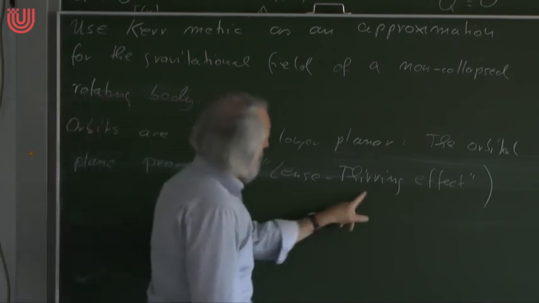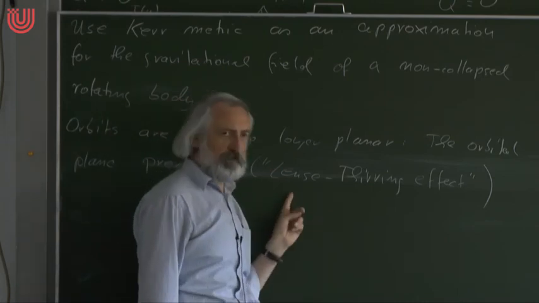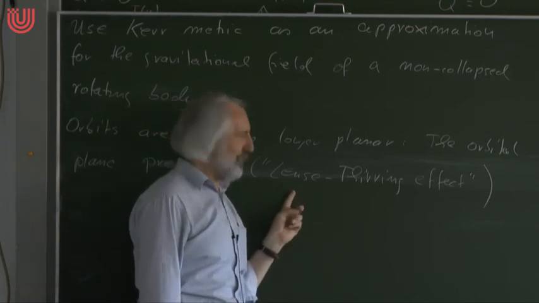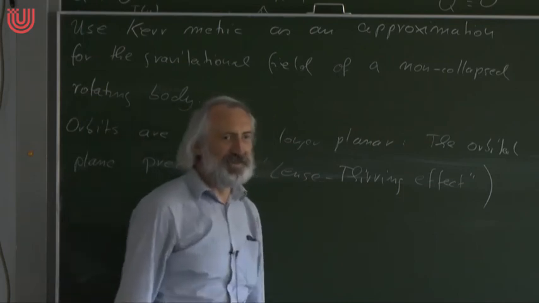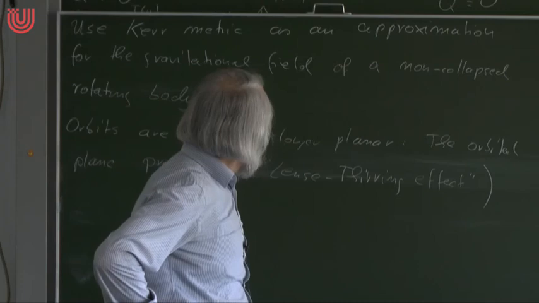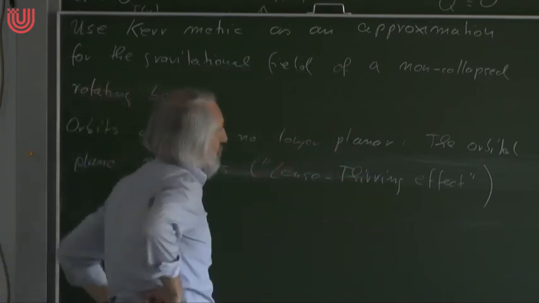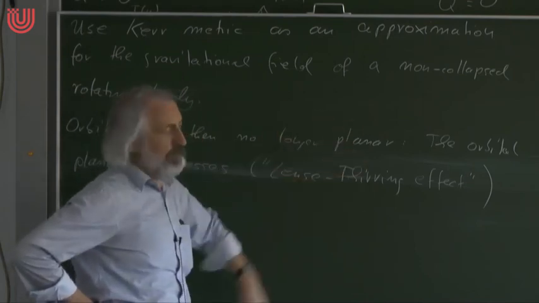By the way, sometimes one hears funny pronunciations of these names. They were Austrian. Hans Thirring was a famous theoretical physicist in Vienna, and then his son Walter Thirring carried along this tradition.